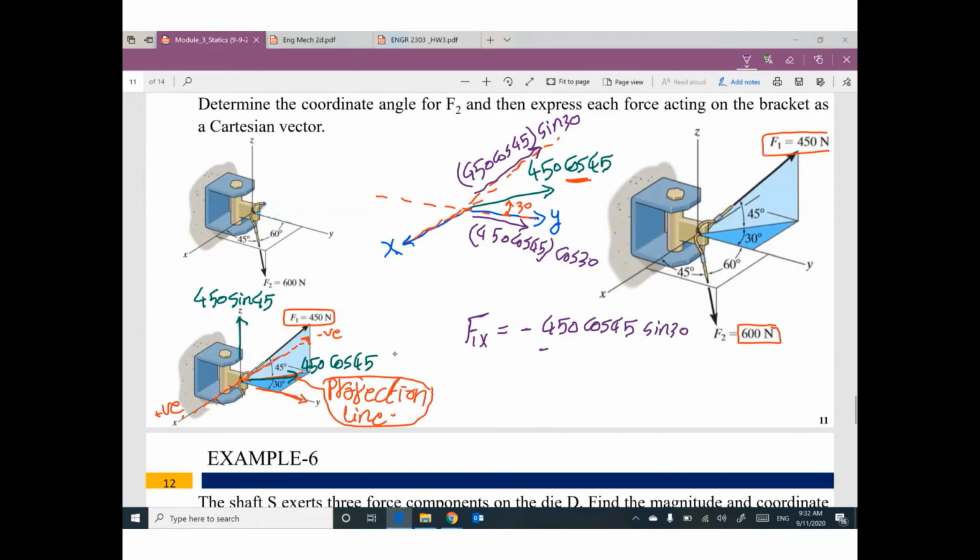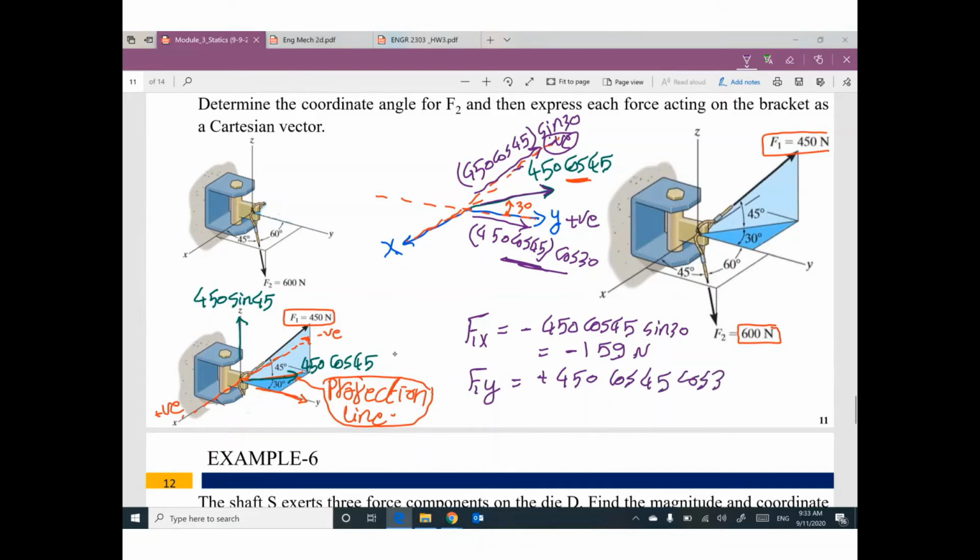Why negative? You are lucky. The projection line can be broken in this direction, which is negative direction of x, and this direction, which is positive direction in y. So your final answer here will be 450 times cosine 45 times sine 30. Your final answer equal negative 159 Newton. F1y, y component, equal positive 450 cosine 45 degree cosine 30 degree.